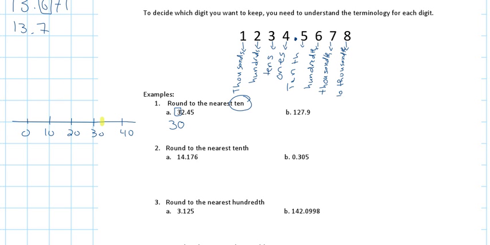So what is it closer to? Is it closer to 30 or is it closer to 40? 30. So that's why it rounds to 30. Does that make sense to you guys? Because you're rounding to the nearest 10.